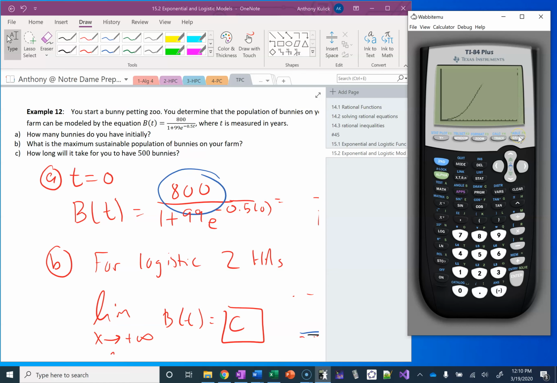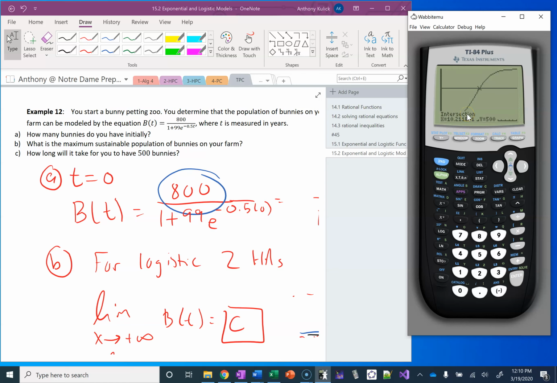So here's my logistic curve, that nice classic S shape. And there's the line at 500 that comes right on through. So I'm going to just look for this point of intersection. Second trace, intersect command. I have only 2 curves and 1 intersection, so I can just press enter 3 times.